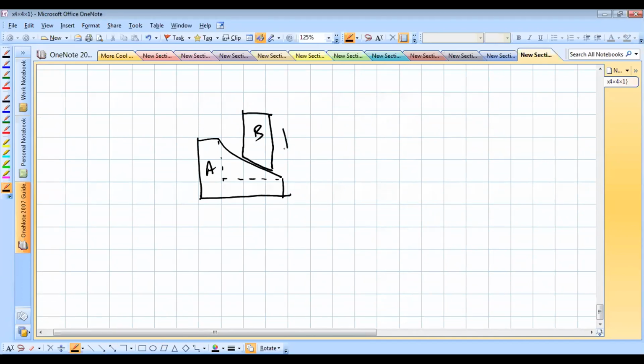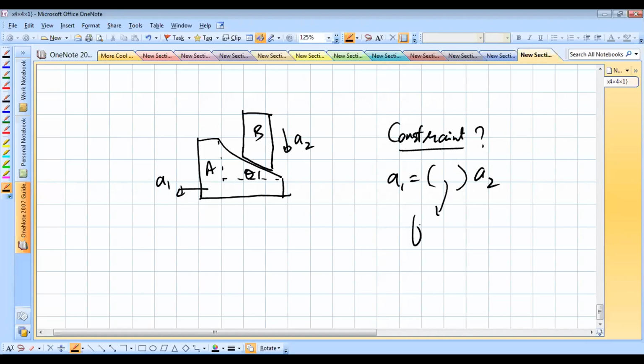Now, if this block is coming down with A2 and this block is moving horizontally with A1, and this angle is theta, there's a constraint. We have to work out that A1 will be some factor times A2, and this factor will be a function of theta.